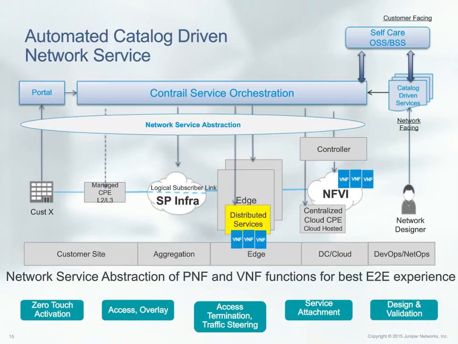I want that orchestrated across a specific set of customized service details, and I'd like that to be pushed down to a location that best suits it. As a provider of that service, you have a better awareness that the service would be better served, let's say, at that distributed edge. With that network-level abstraction, the service could easily be pushed down to that layer and better serve that customer.